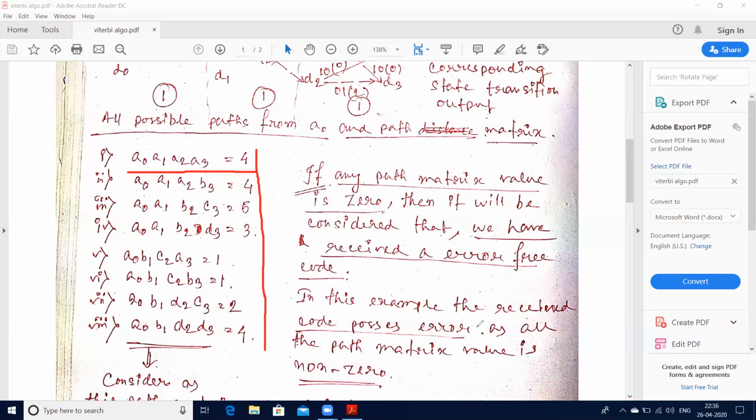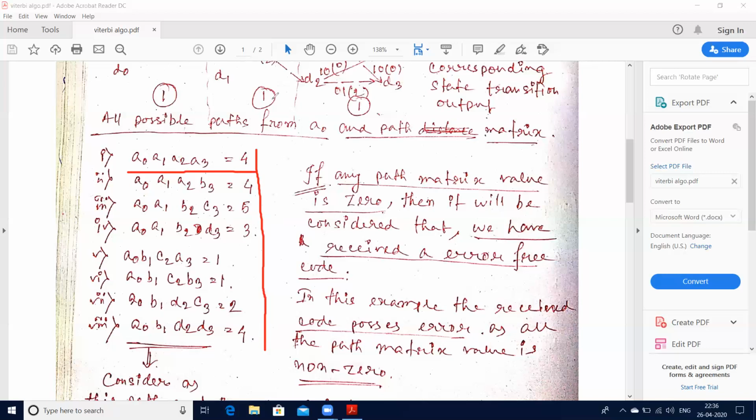So in this example, the received code causes an error, as all the path matrix values are non-zero. You can see that there is no zero value: 4, 4, 5, 3, 1, 1, 2, 0, 2, 4.